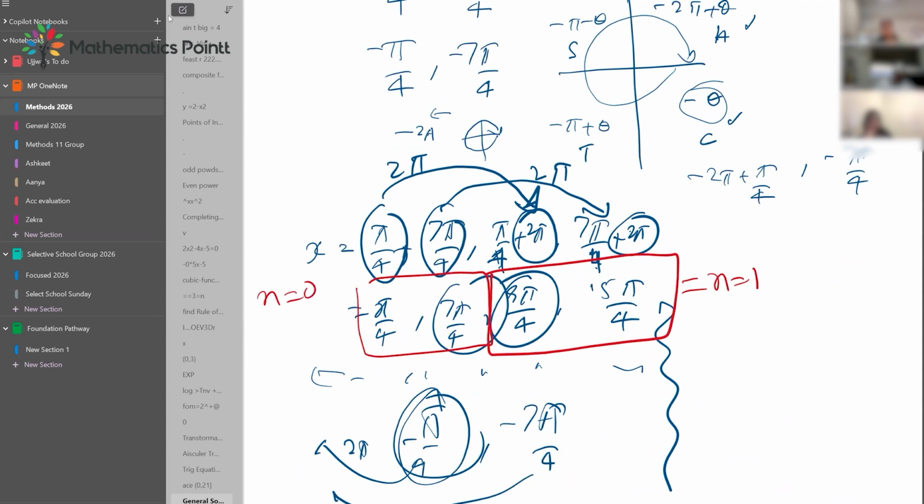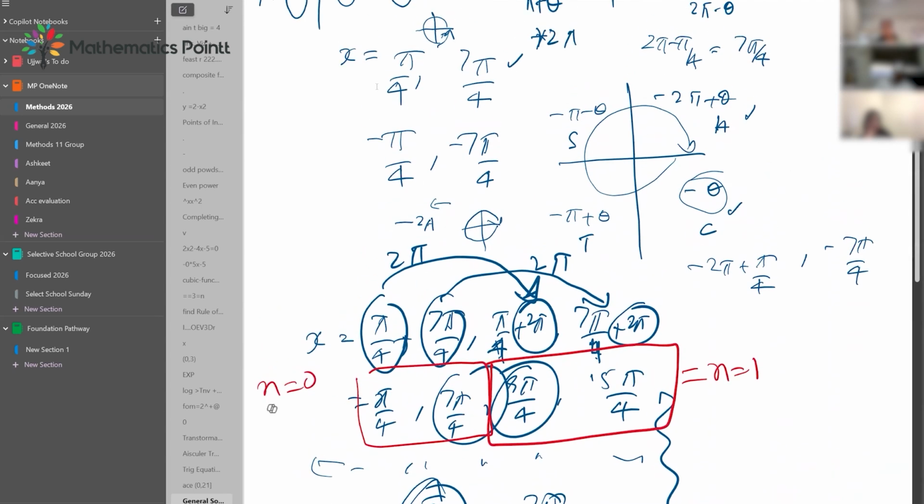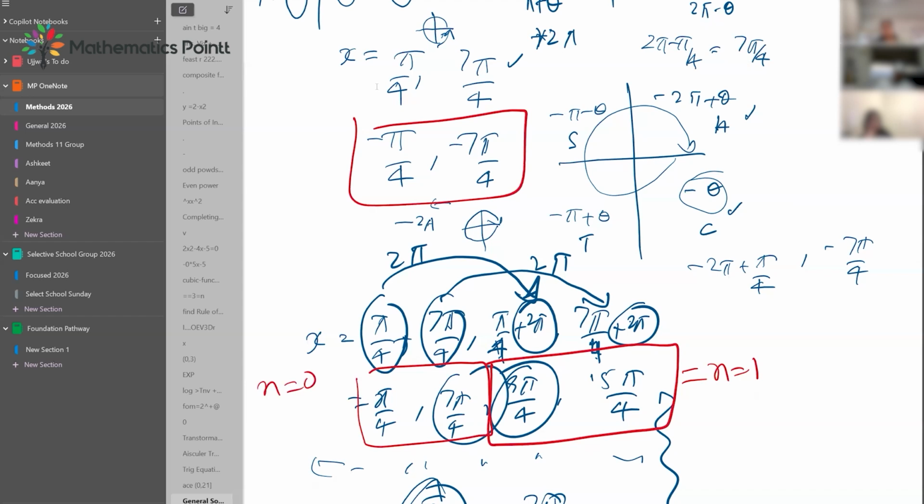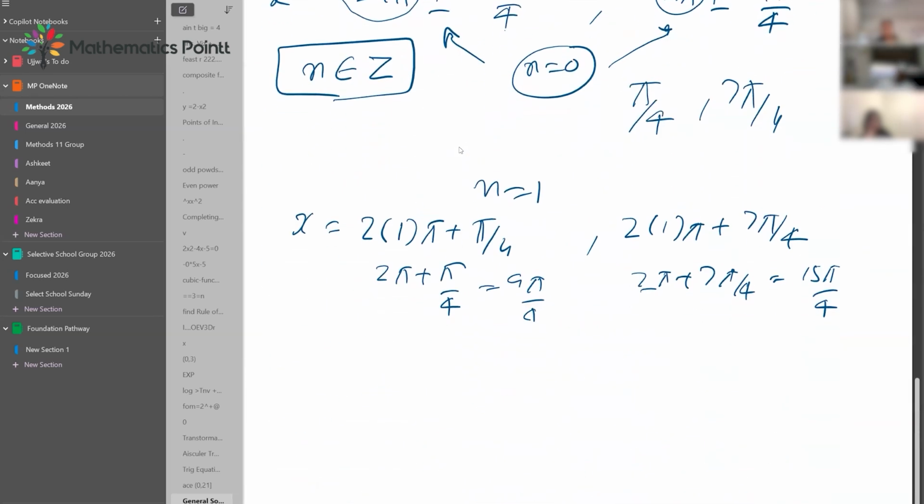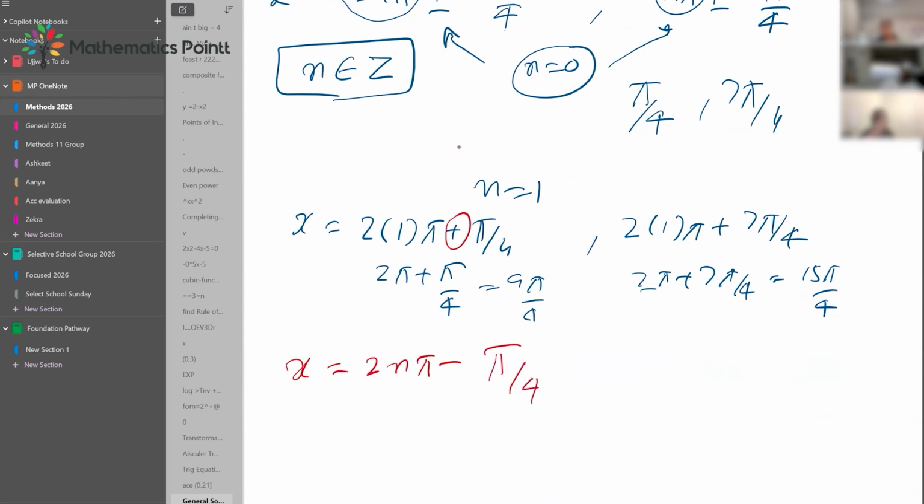Let's see, this was my first clockwise rotation. How do I get this? I go down, and I change the color here. It was 2n pi. I've taken a plus here, now I take a minus, because I'm going to the left-hand side of the graph. I'm going here.